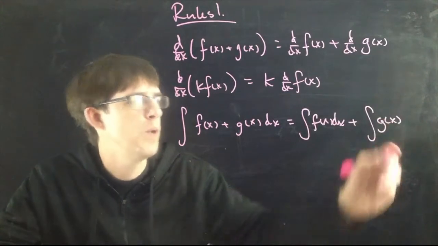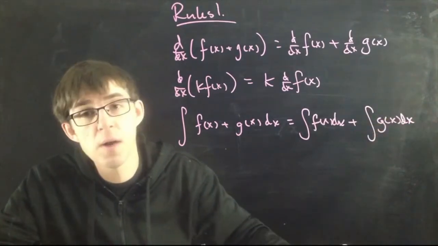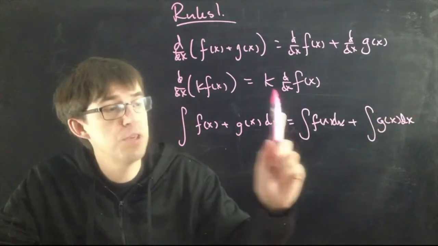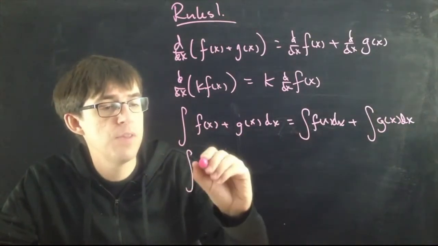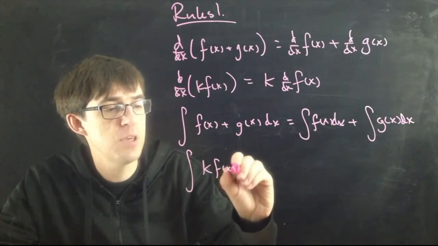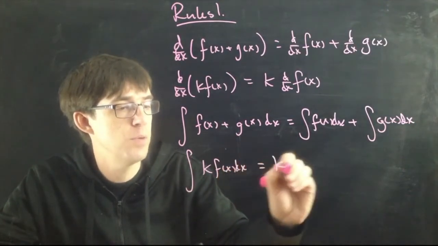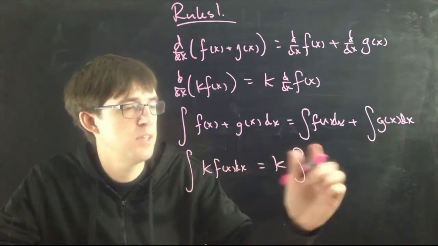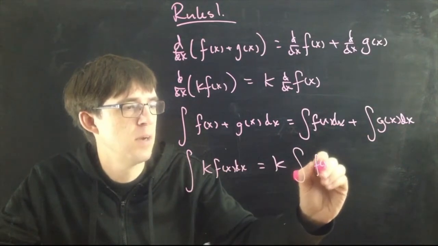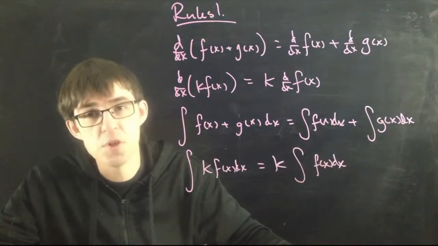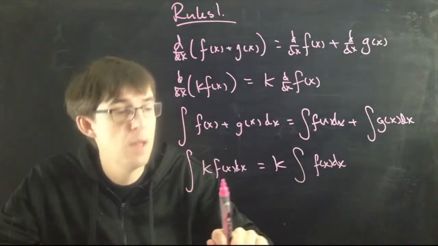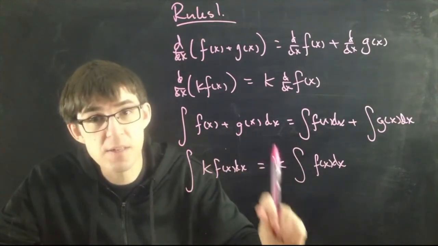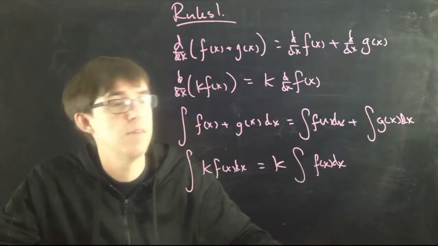This means when you take the integral of a bunch of stuff added together, you can just go down the list and take the integral of each one. And also, the integral of a constant times a function dx is equal to that same constant sitting in front of the answer of the function that you're taking the integral of. So if you do have an extra constant multiple, you can just leave that as a constant multiple in front of the answer of the antiderivative.